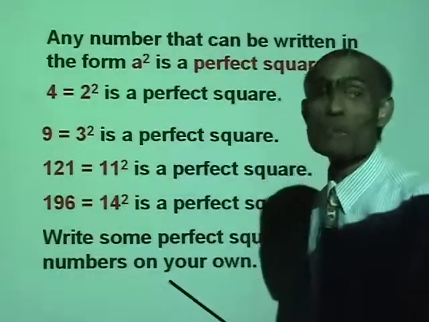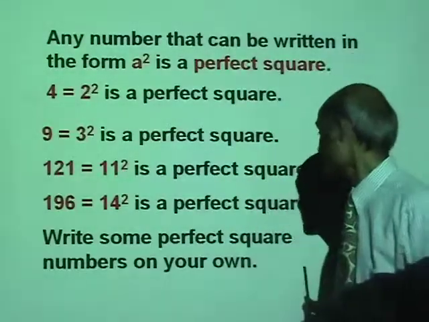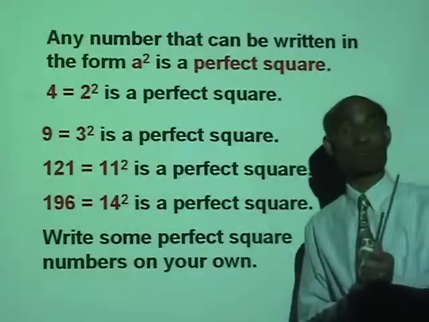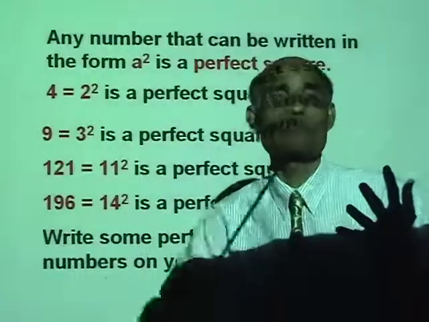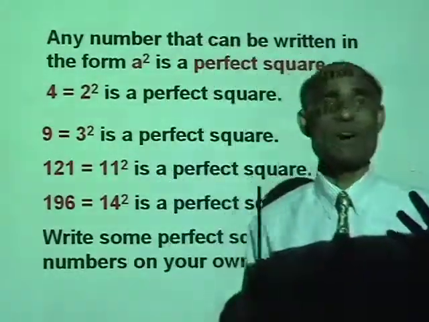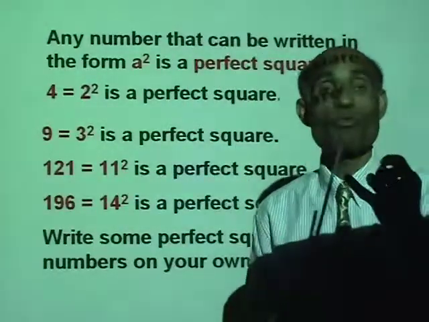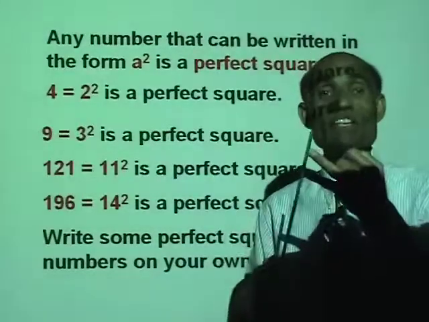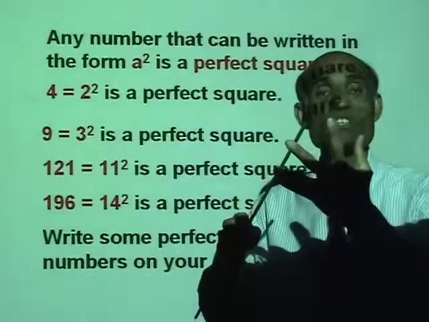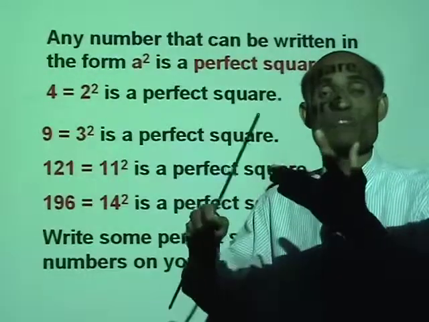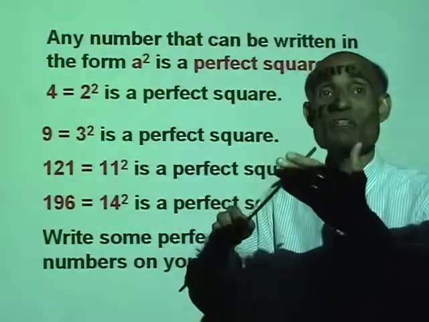Now, can you give me some more examples of perfect square numbers? Let's go through the table of perfect square numbers. What are the perfect square numbers? 4 is a perfect square. 9 is a perfect square. What is the next perfect square? 16. What is the next perfect square? 25.